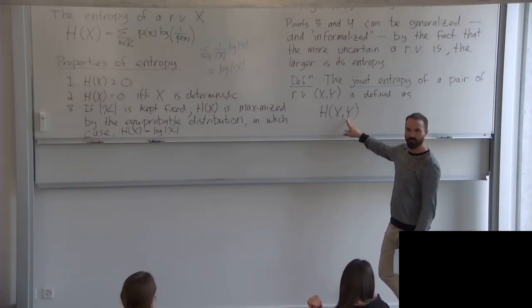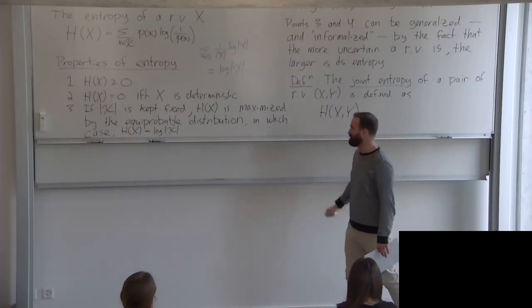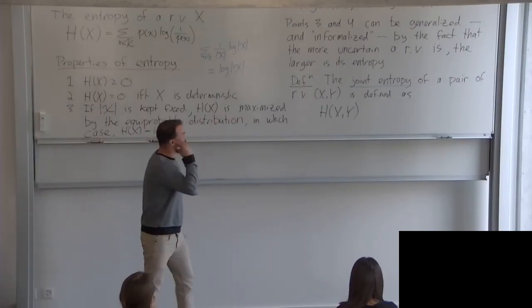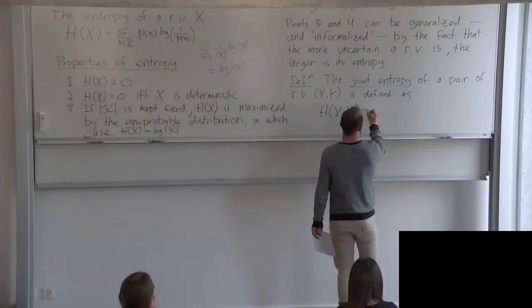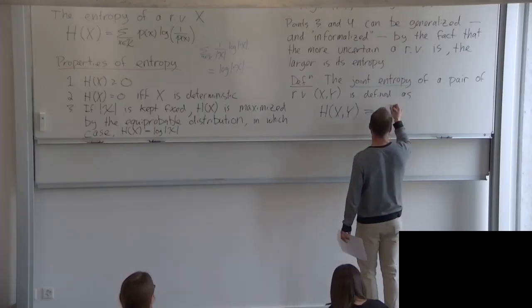I invoked the x and y direction, but it happened that it also fit with my x variable and y variable. That was not really on purpose. So I just think of it as a huge random variable, and it's going to be the same notion here, but simply extended.